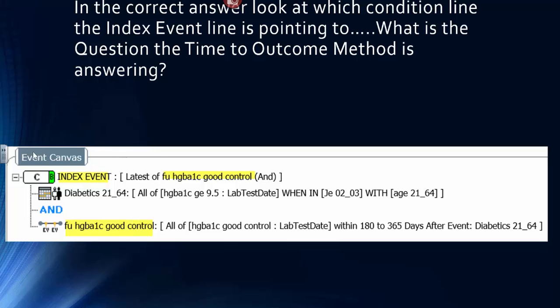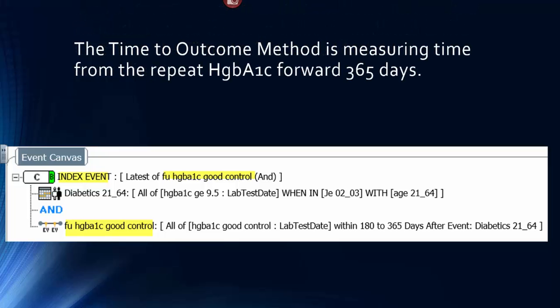So in this event canvas and in this cohort, we've identified a group of diabetics who started out badly, got under good control, and we've set the index date as the date from the good control so that any subsequent analysis will pick up what has happened after the good control. We are measuring the time to outcome from the repeat hemoglobin A1C, that is line 2, going forward 365 days.